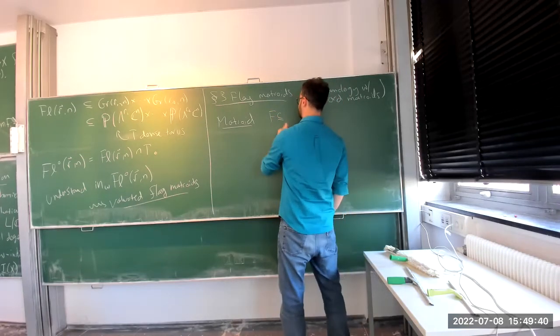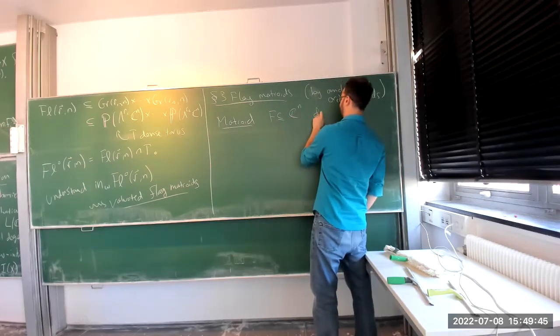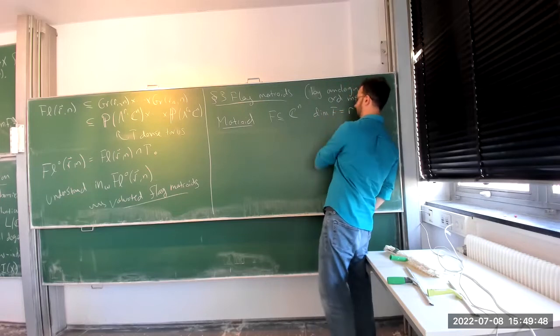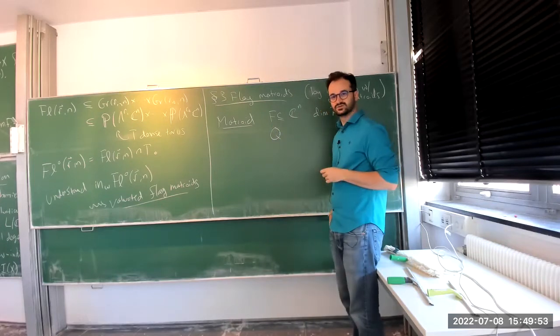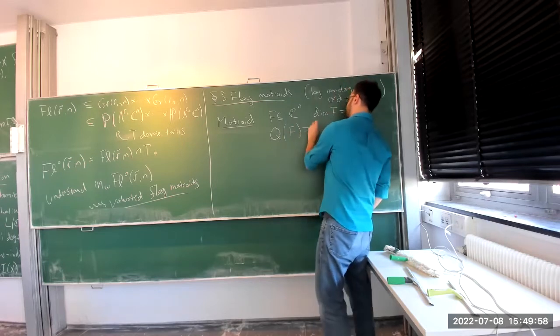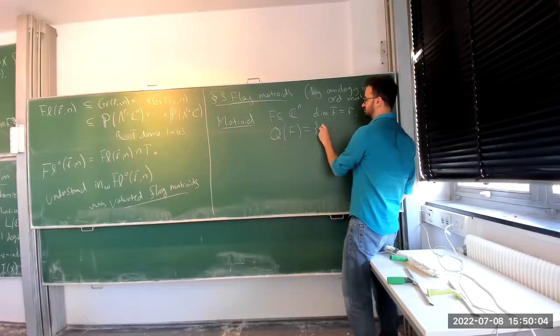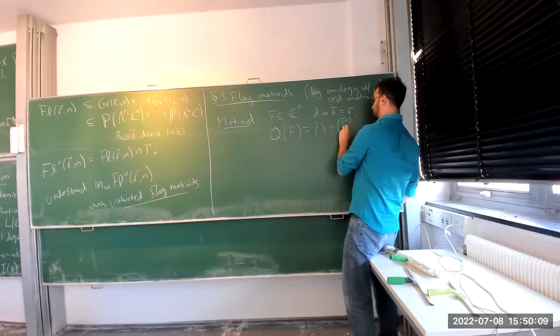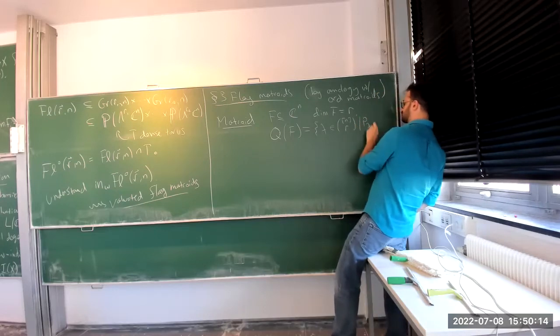If you have a subspace F of dimension r inside of C to the n, then I'm going to denote matroids by Q. You can form the matroid, and the perspective I'll take is from the point of view of bases. So you can define this to be the set of lambda in the r-element subsets of n, such that the lambda Plücker coordinate of F is not equal to 0.